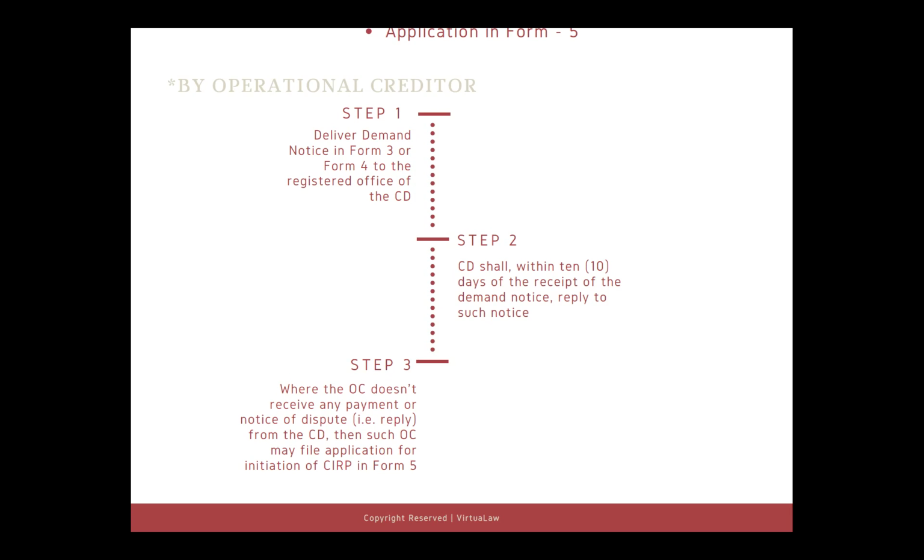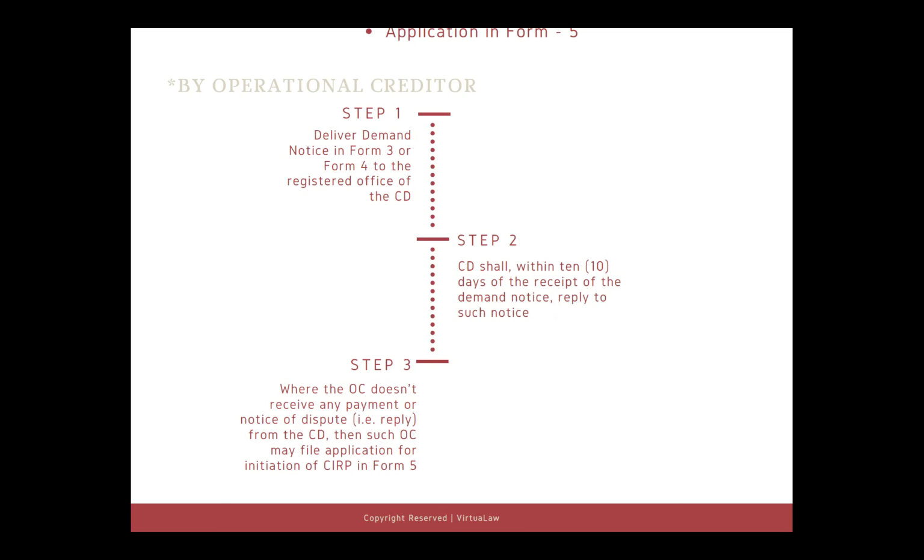Assume the corporate debtor, ABC Limited, has received a demand notice from, let us say, some XYZ supplier. Within 10 days of the receipt of such demand notice, ABC Limited has to necessarily reply to such notice, rebutting whatever claims have been made. As and when there is any rebuttal of the claims made by the operational creditor, the corporate debtor has to substantiate the same.